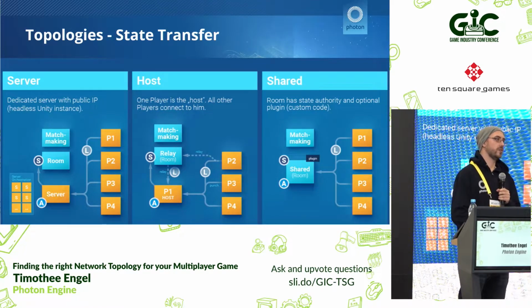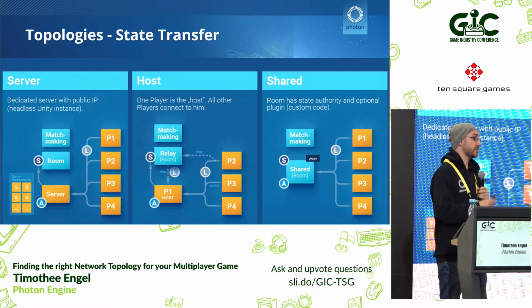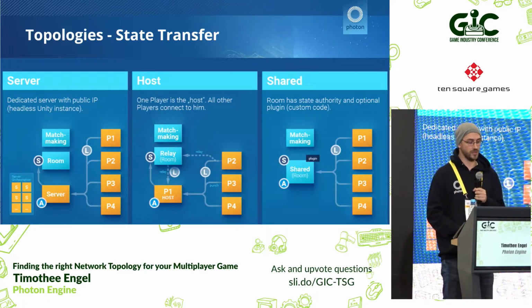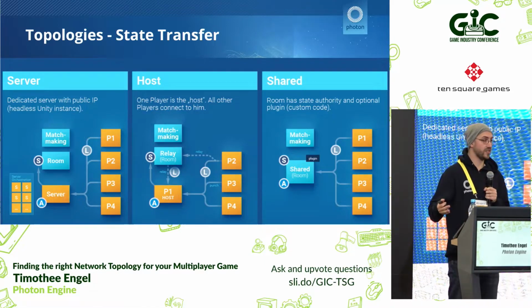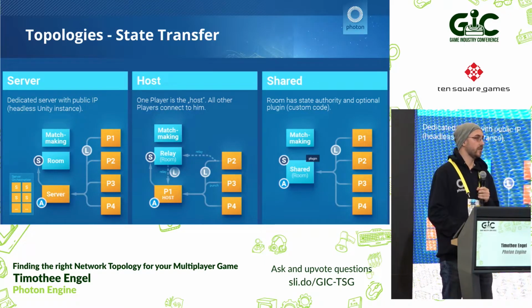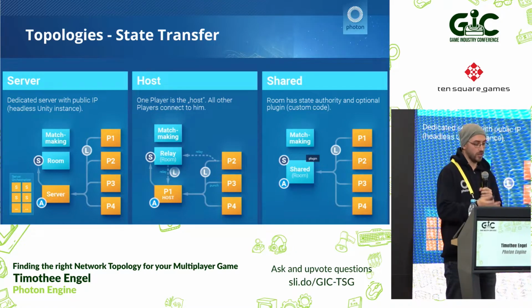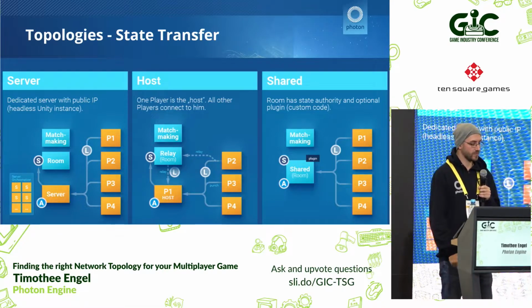If we first of all look at state transfer, which, as I mentioned before, is the most common one to see, you have three types of authorities and topologies available to you. The first one, and that is probably the most known one, is the dedicated server. This can run, for instance, again, a headless simulation on a dedicated server. So if you take Unity, for instance, it would just build it out, but without any of the graphics and any of, well, the viewport that the player would usually have.